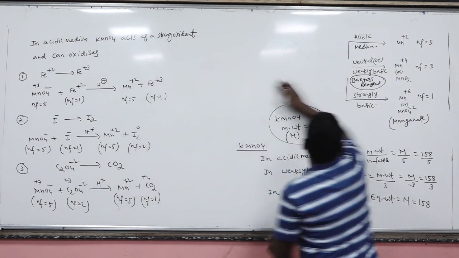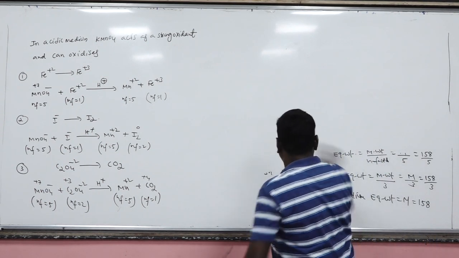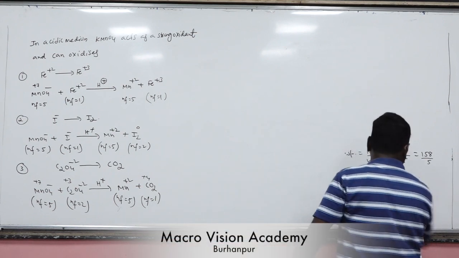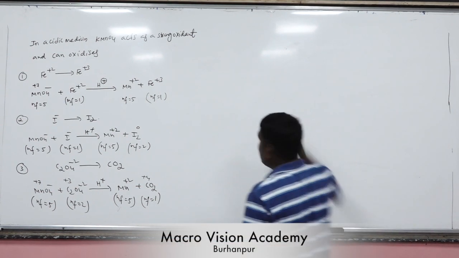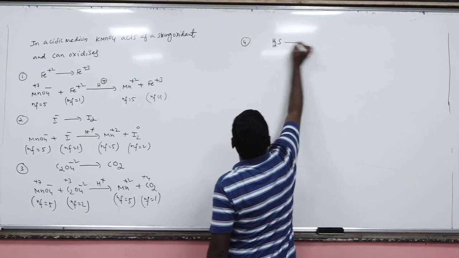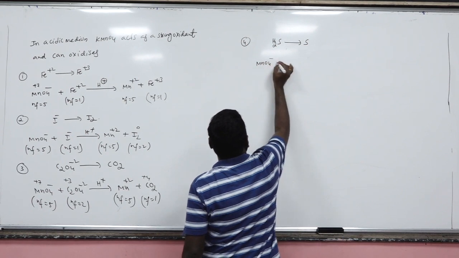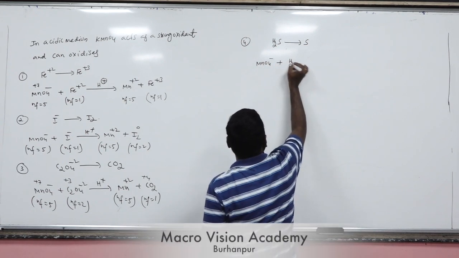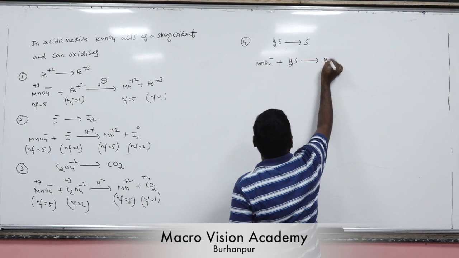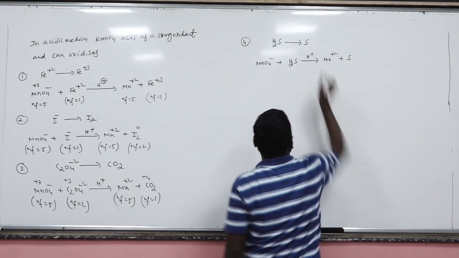Okay. Now come to it, which oxidizes hydrogen sulfide to sulfur. Potassium permanganate or permanganate ion oxidizes hydrogen sulfide to sulfur in acidic medium. Okay.